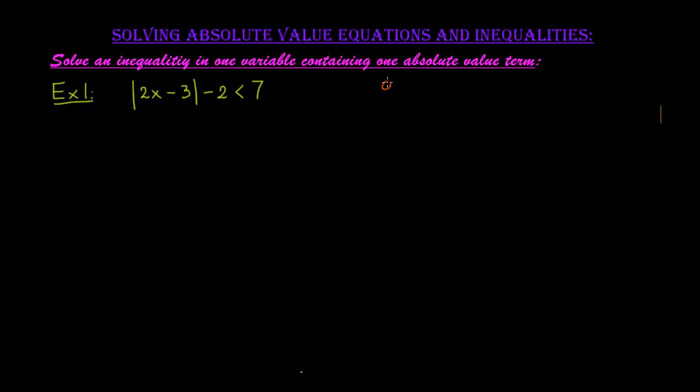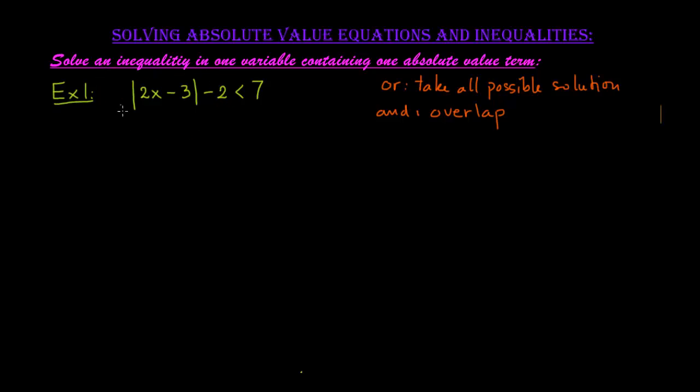OR stands for take all possible solutions. And AND stands for the overlap, so we're looking for the overlap part. All right, let's solve the problem. After that, we will identify whether to use or or and.